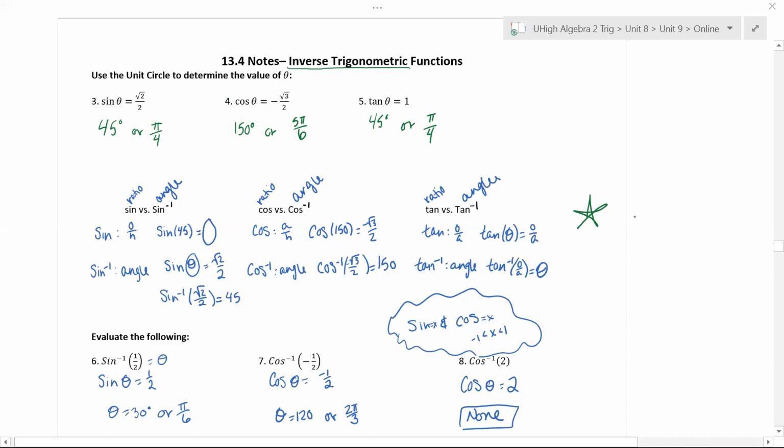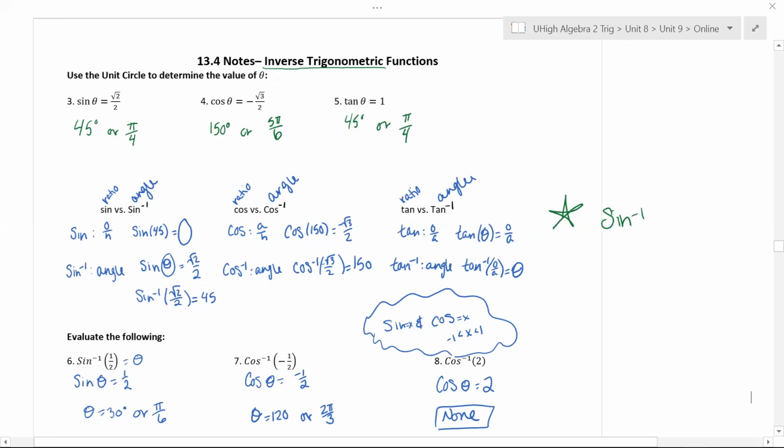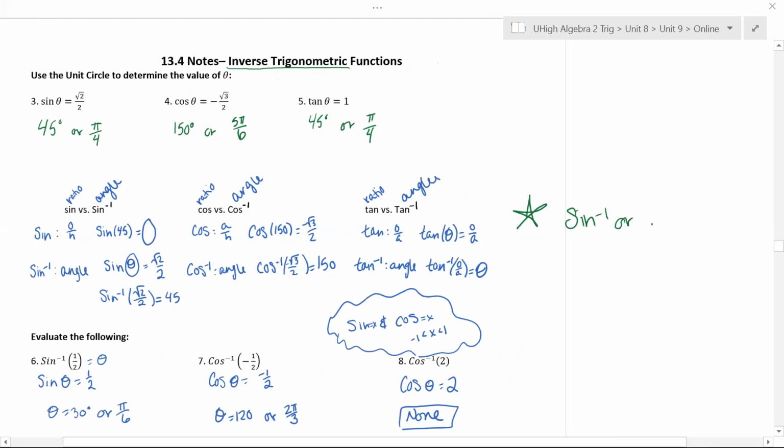I can write this as inverse sine, or sometimes you're going to see it written as arc sine, or arc cosine, arc tangent.